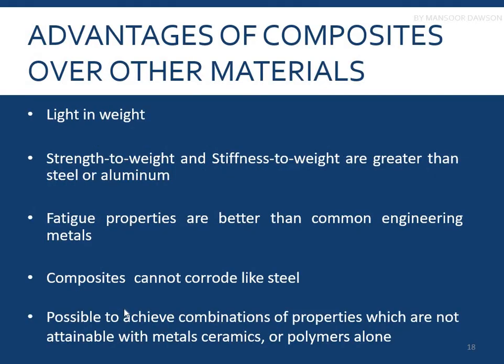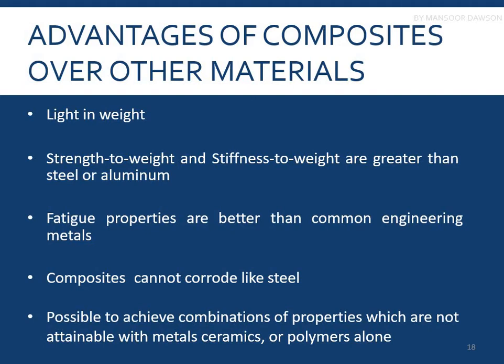So the advantages of composites over the other materials are they are light in weight, and the strength to weight ratio and stiffness to weight ratio are greater than steel or aluminum. That means they provide higher strength or higher stiffness compared to their weight, against aluminum and steel. Their fatigue properties are better than common engineering metals, that is, they can bear a high amount of cyclic load.